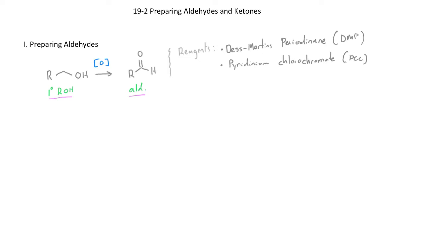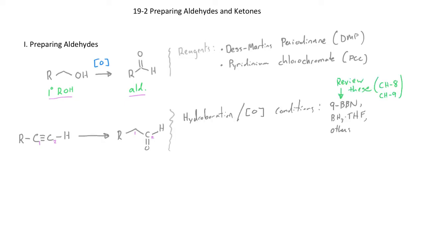However, we have learned a few other oxidation-type reactions that will lead to aldehydes. For example, we learned how to convert terminal alkynes into aldehydes last semester when we learned about hydroboration oxidation. When applied to a terminal alkyne, hydroboration oxidation also allows us to form an aldehyde.